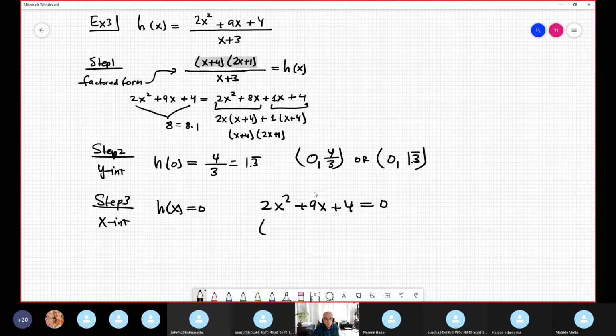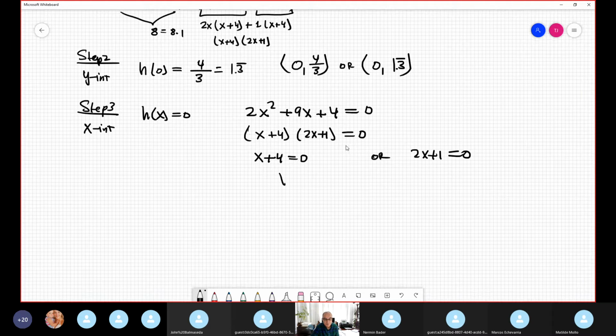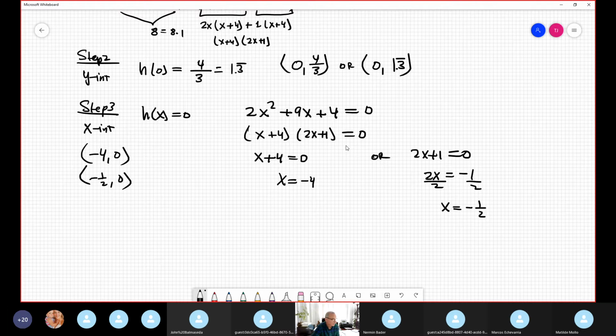And you replace. This is x plus 4 times 2x plus 1 equal to 0, which is equivalent to say that x plus 4 is 0 or 2x plus 1 is 0. You solve it one by one separately. It's -4, and 2x equal -1, divided by 2 both sides, -1/2. And we have the x-intercepts, the set is -4, 0 and -1/2, 0.